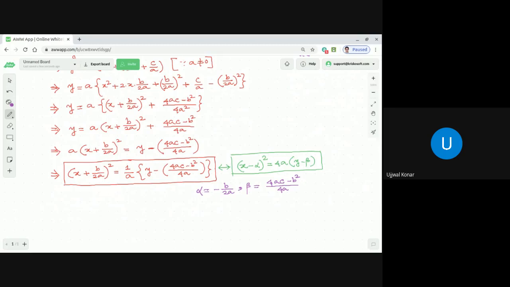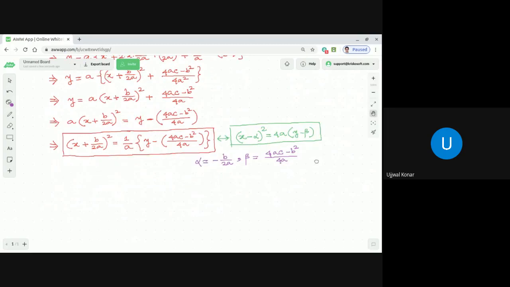Now you can visualize also, and we will see, dear students, that in the next half an hour of discussion, how these values of a and the value of 4ac minus b square help us to find different quadratic expressions and different quadratic inequalities.